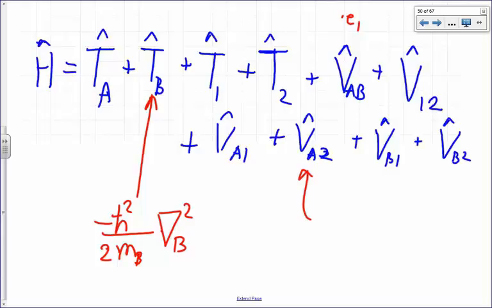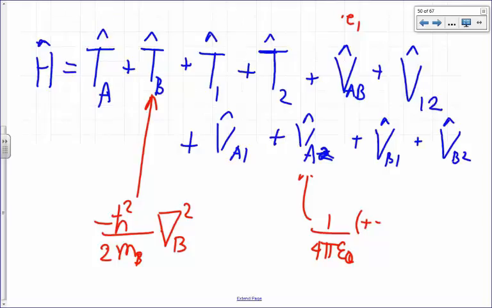What would this expression be, V hat A2? 1 over 4 pi epsilon naught times the charge of B, which is, what's the charge of A? This is A2, right?